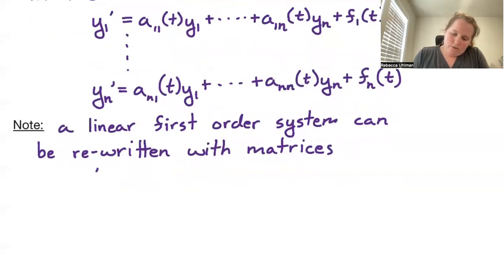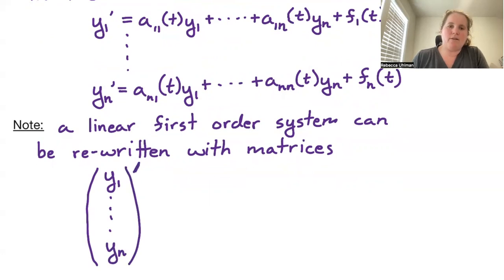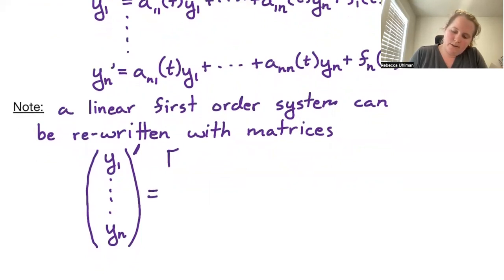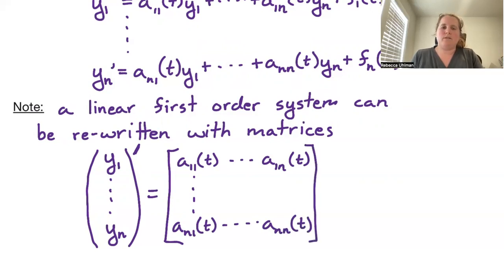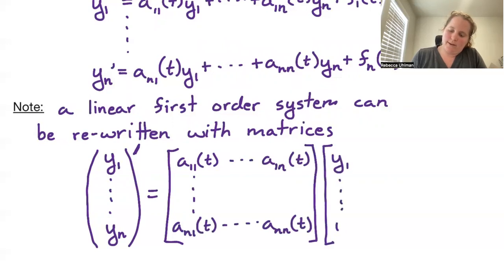So we would have essentially the vector y1 through yn, and then take the derivative of that whole vector, so the derivative of every row, is equal to the matrix with a11 of t through a1n of t for our first row, all the way down through an1 of t through ann of t for our last row. That matrix is multiplying the vector y1 through yn.